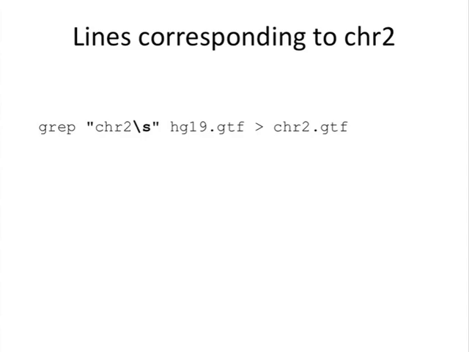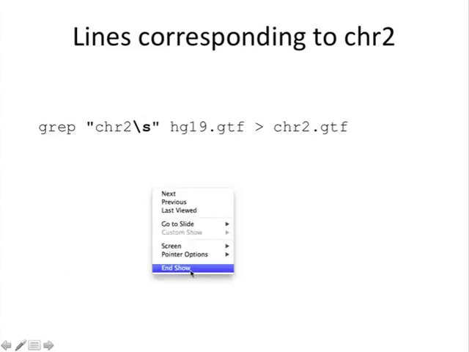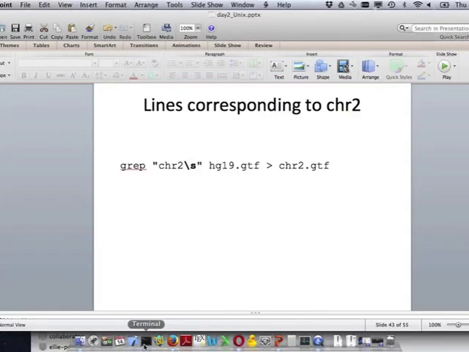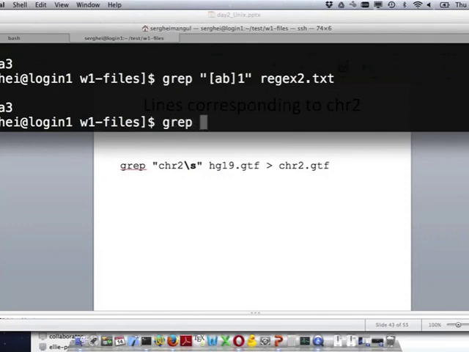So this way we will not pick up chromosome 21. Okay, so let's try and see if it works. So we do grep chromosome 2 space, the file name, and save it.